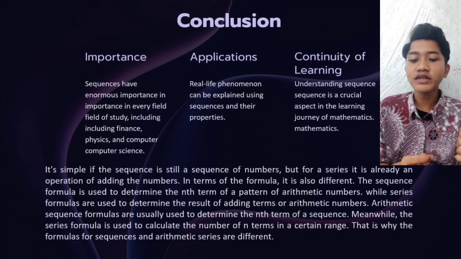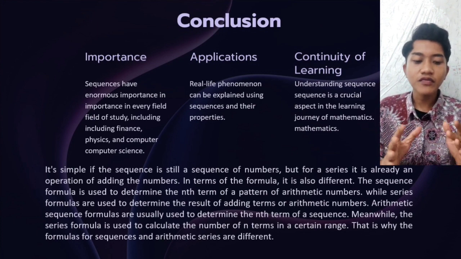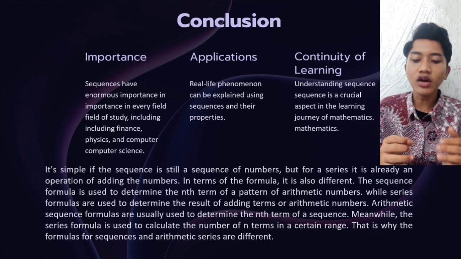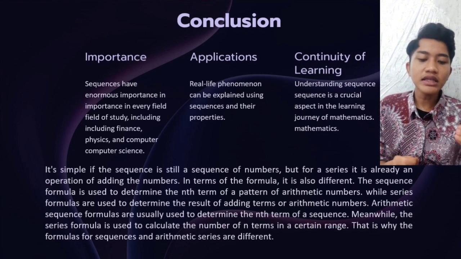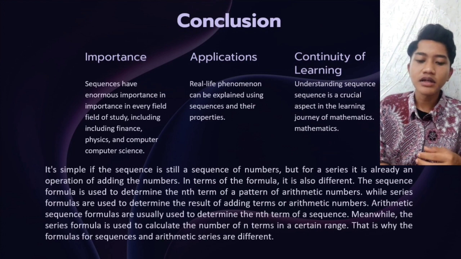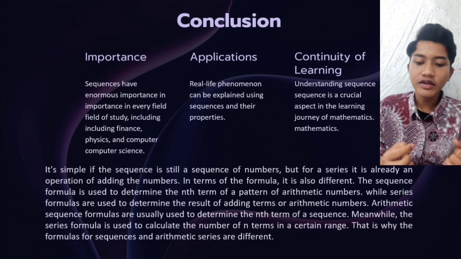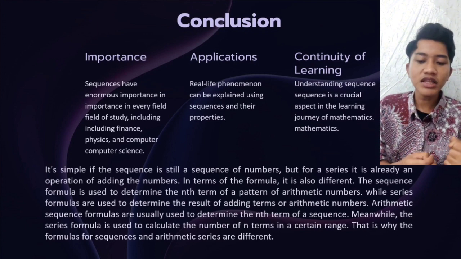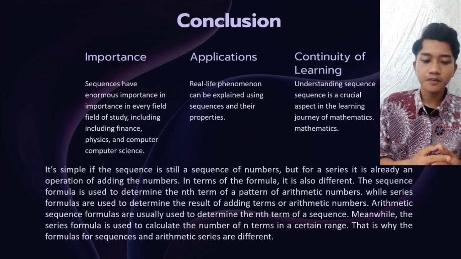It is simple: a sequence is still a sequence of numbers, but a series is already an operation of adding the numbers. In terms of the formula, it is also different. The sequence formula is used to determine the term of the pattern of arithmetic numbers, while series formulas are used to determine the result of adding arithmetic numbers.